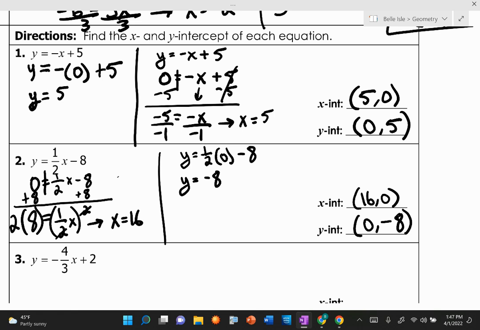On number 2? So basically Y. So then what's okay, so then divide that by the half.